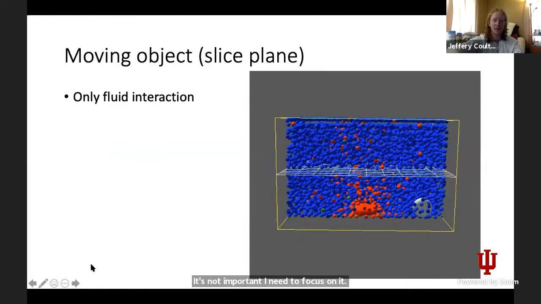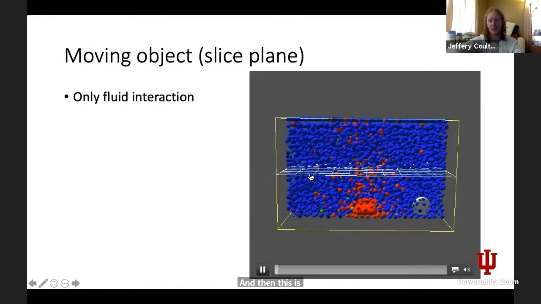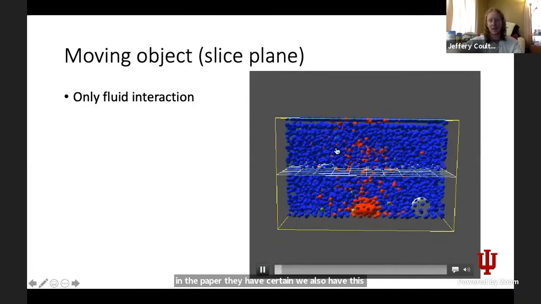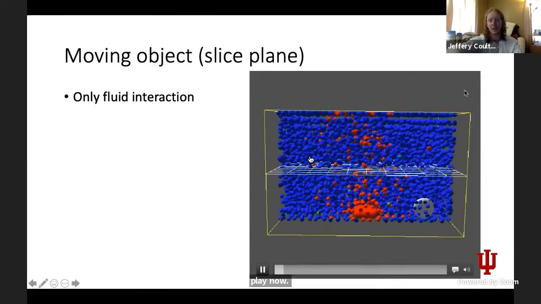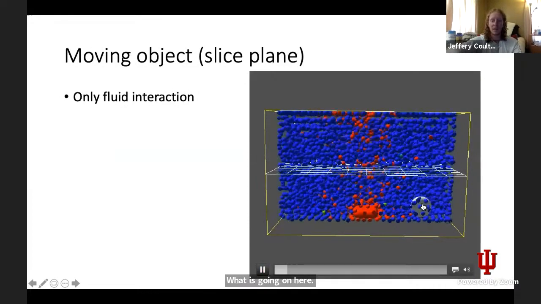And then, in the paper they have this. We also have the slice plane now, so it's easier to see what is going on here. And then there's this little white ball.